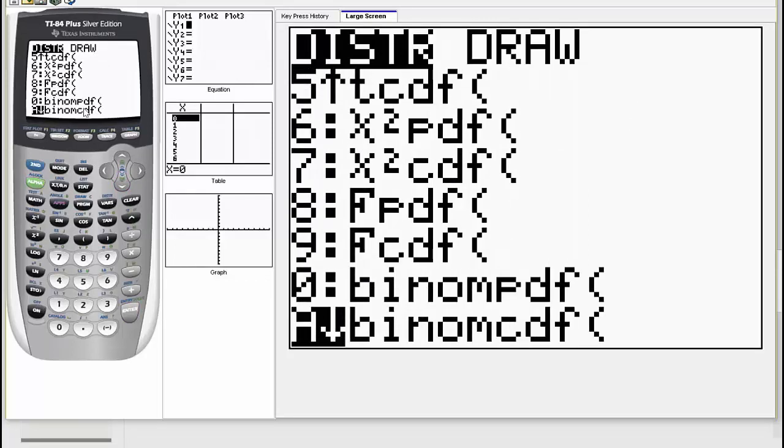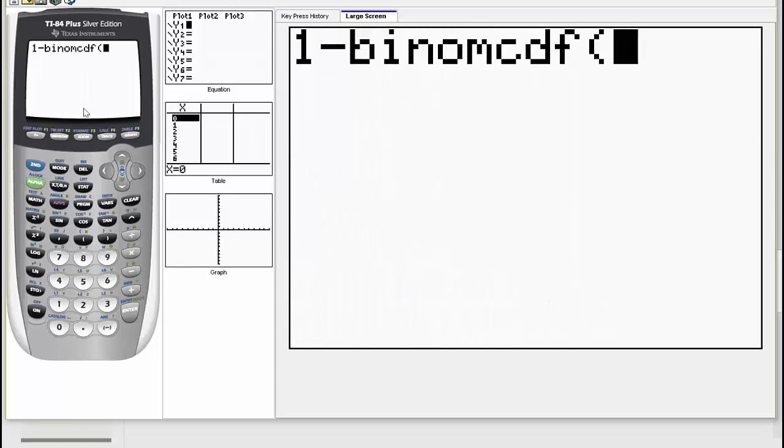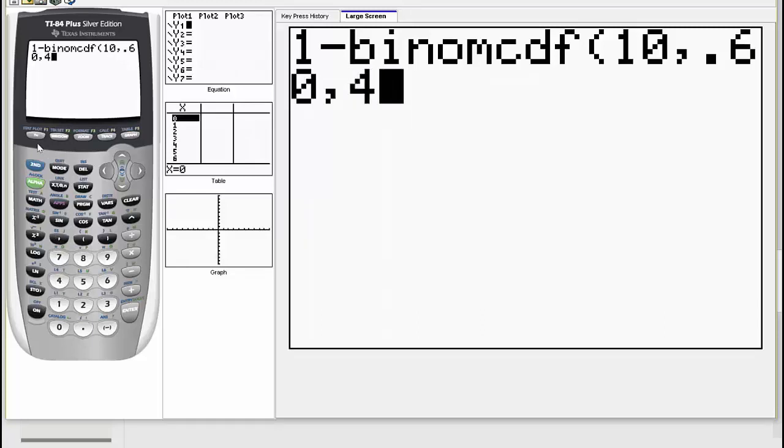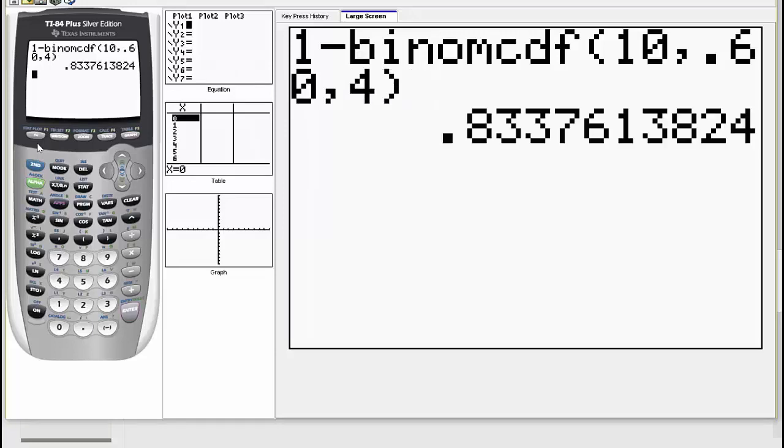NPX: n is 10, comma, your p of 0.60, comma, your x of 4. Close parentheses. There we go. We get 0.834.